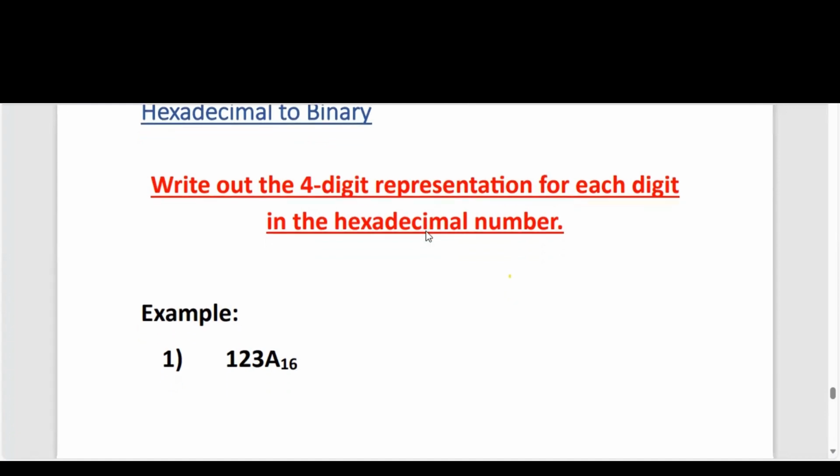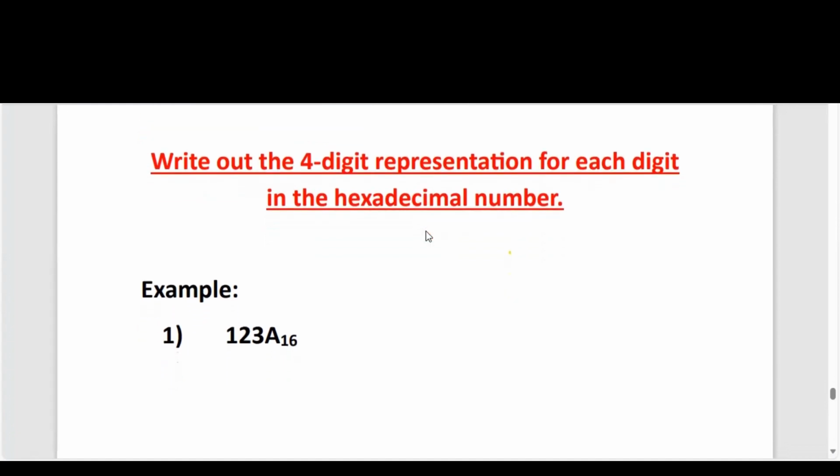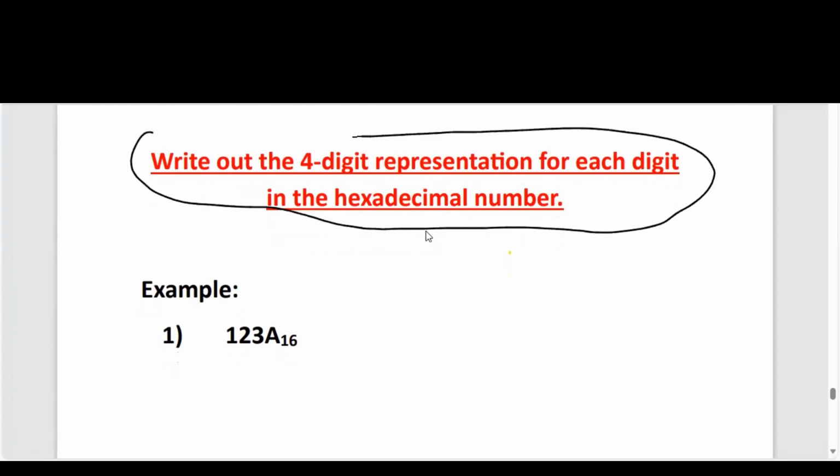So all I can really do for this, I write it in red: you write the 4-digit representation for each digit. That's all you're doing, just writing it out, and you get one big long thing with ones and zeros. So 1 in hex in binary, 2 in binary, 3 in binary, and 8, which we know is 1000 in binary.